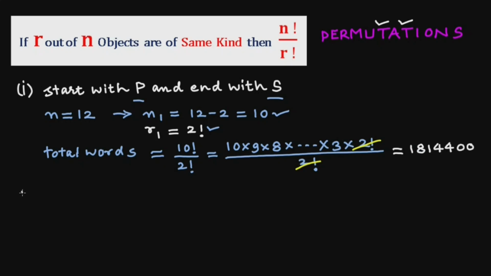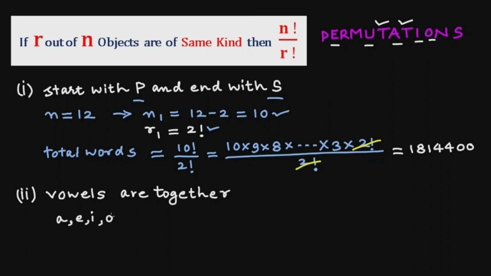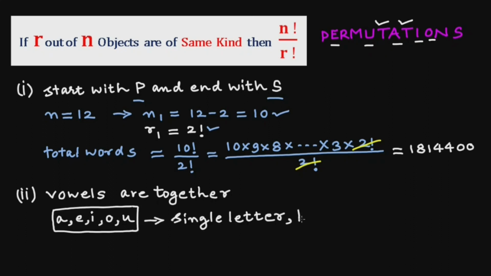This will be 1814400. Number 2: if vowels are all together, there are all 5 vowels present, A, E, I, O and U, and each is coming once. We will consider the set of vowels A, E, I, O, U to be a single letter, so 1 plus 12 minus these 5 vowels, which is 7. So it will be 8. So now we have to arrange these 8 letters, and as usual there are 2 T's to be arranged in 2 factorial ways.